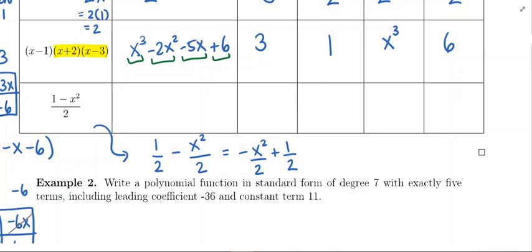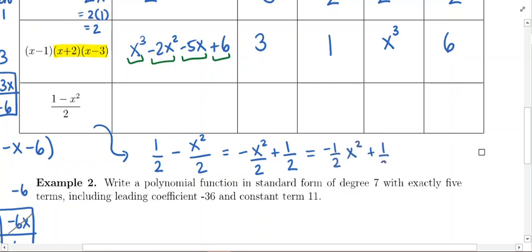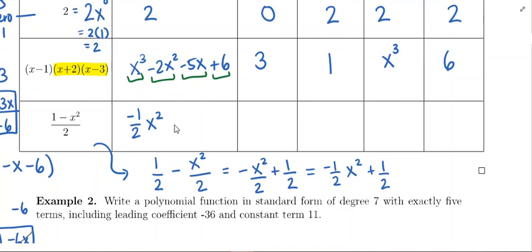If you're dividing by negative 2, that's the same thing as multiplying by negative 1/2. So we can also write this guy as negative 1/2 times x squared, and then plus 1/2. Now we've got a number times the power of x plus a number. It looks like a polynomial. So in standard form, this polynomial is negative 1/2 x squared plus 1/2.